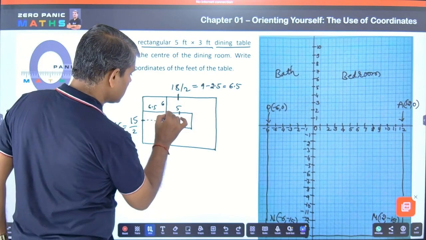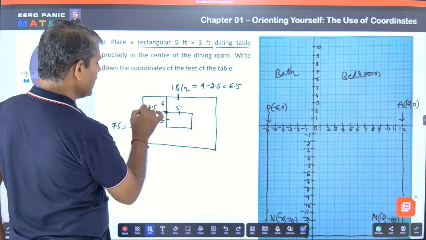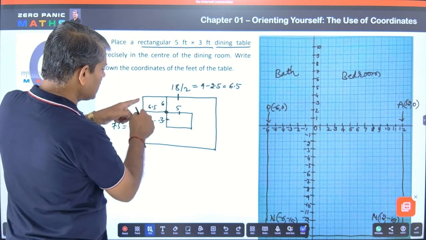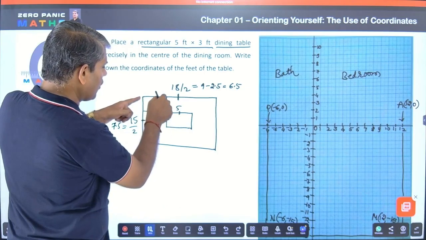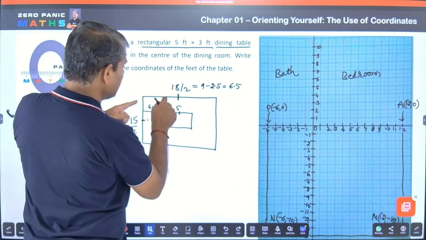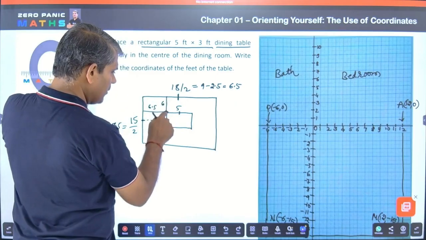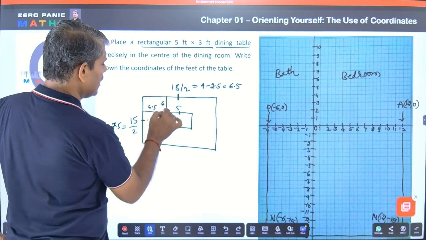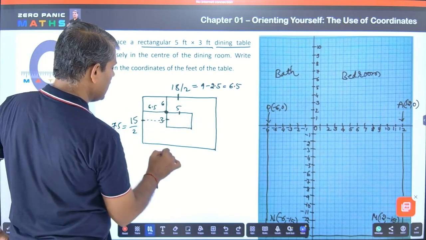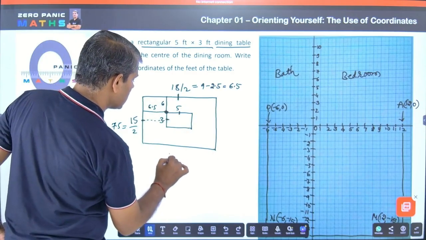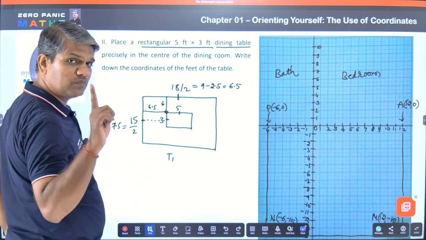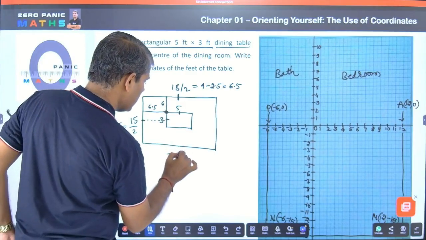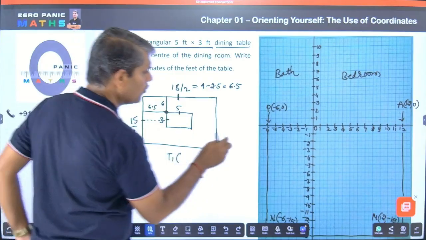So what is this top left corner point? The x coordinate from the left wall is 6.5 feet, and from the x axis it is 6 points below, towards the negative y axis. If you place the top left corner of the inner object, the table's top left corner, at a point, say T1, it will be 6.5 from here.